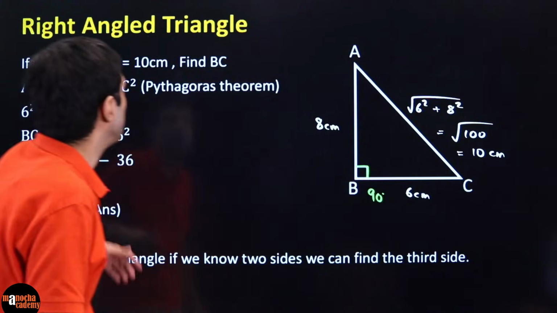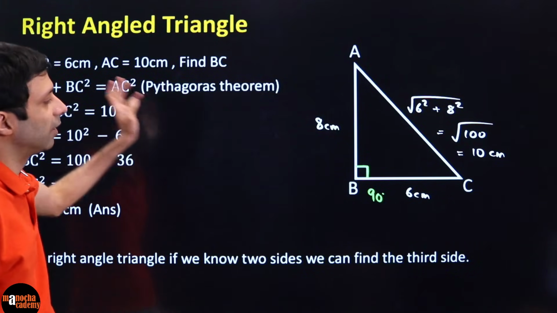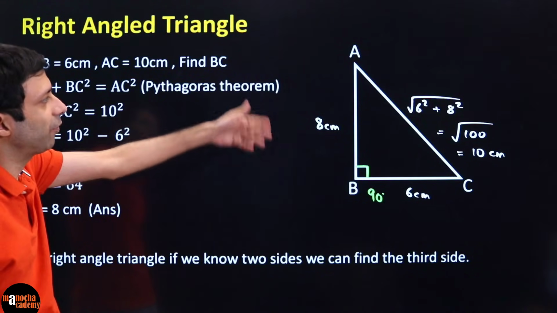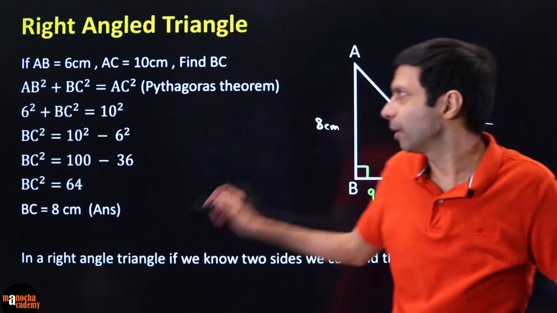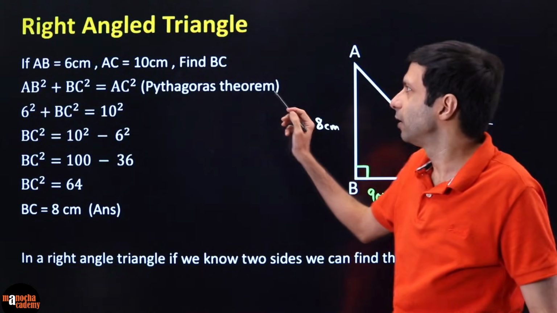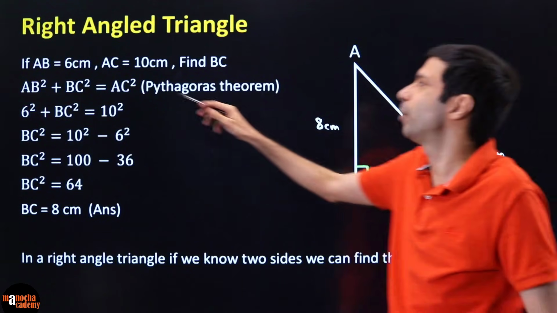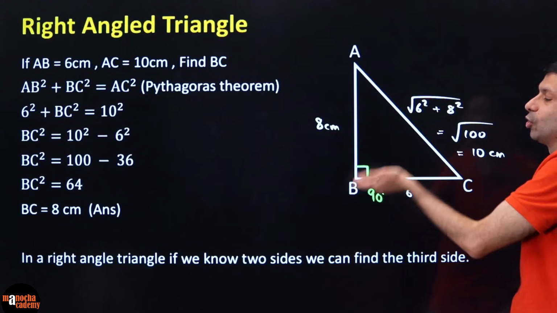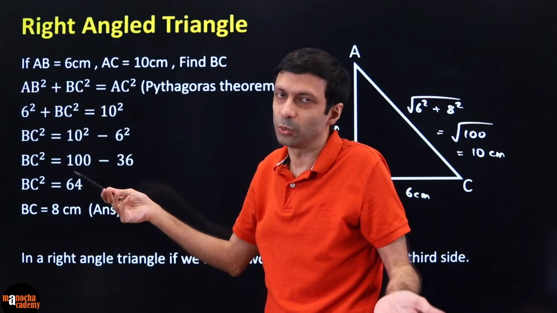Or you could have been given the other two sides. You could have been given AB is 6 and BC is 6 centimeters and AC is 10. Find the other side. So whichever two sides are given, you can apply it into this Pythagoras theorem, right? AB square plus BC square is AC square. Basically, the hypotenuse square. Hypotenuse is the largest side, which is opposite to the 90 degrees, is equal to the sum of squares of the other two sides.